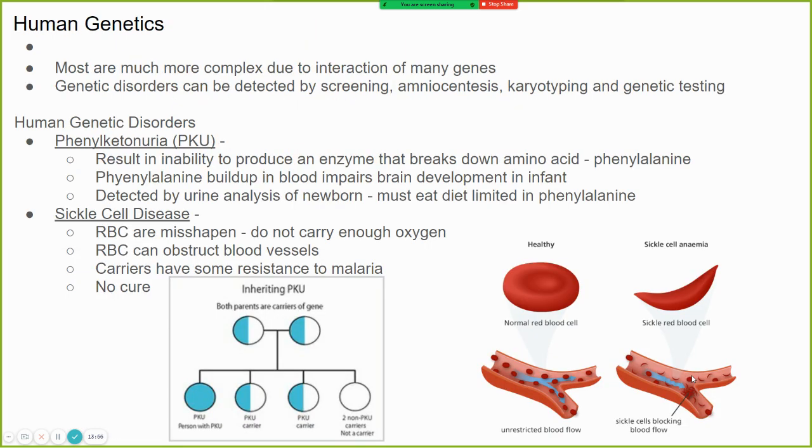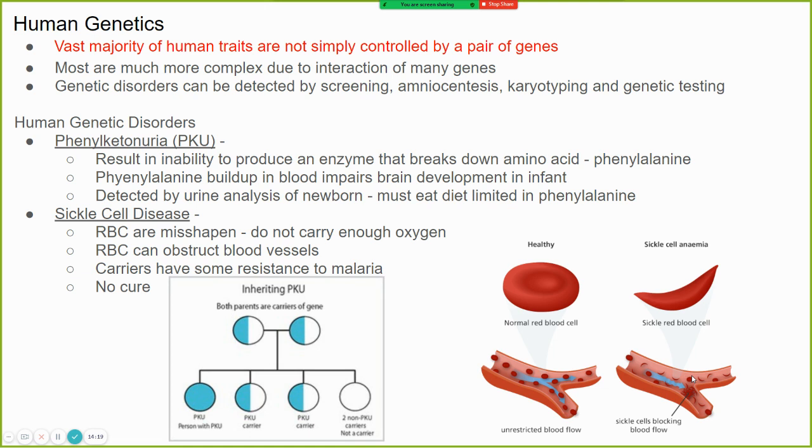Now, the traits we've been talking about, pea plants tall or short, purple flowers or white flowers, are relatively simple. The thing about human traits is they're usually much more complex.